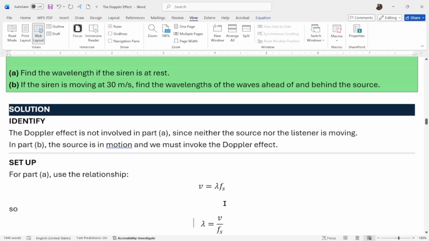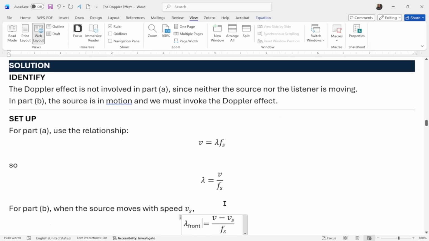For part A, we are going to use the relationship of the velocity of the sound wave with the lambda, or the wavelength, and the frequency of the source. Take note that the problem is asking us to determine the wavelength of the sound, so from this equation, we are going to derive the equation for the wavelength.